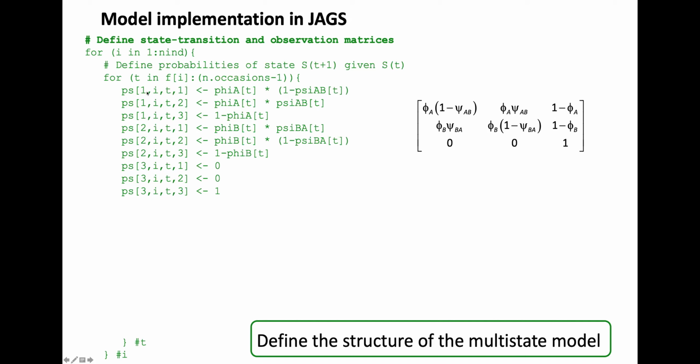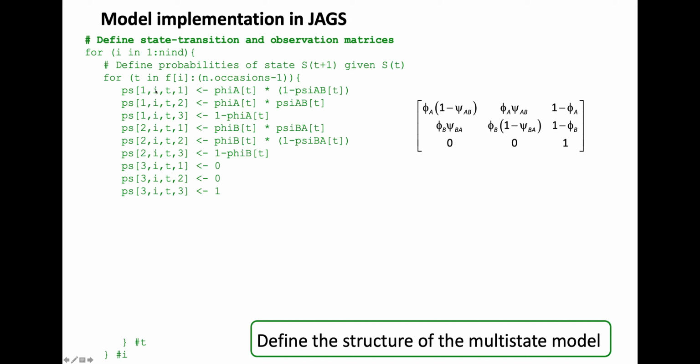So PS has 4 dimensions, as I just said. The first dimension is for the state at the occasion t in rows, right? And the fourth dimension here, it's the columns. It's the state at t+1. It's the state where you go. Okay?